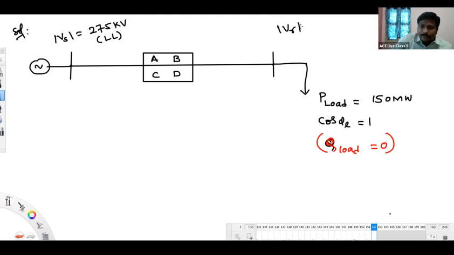Receiving end voltage value may not be equal to 275 kV. It may be more than 275 kV or less than 275 kV. Chances are there. That's the thing I am saying. All of you getting this diagram I have drawn? I need your response, please.